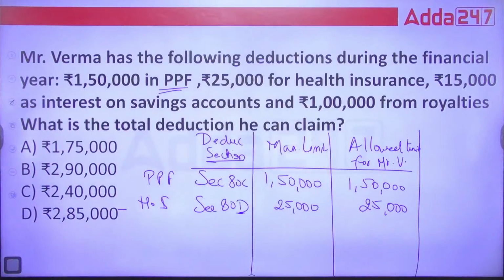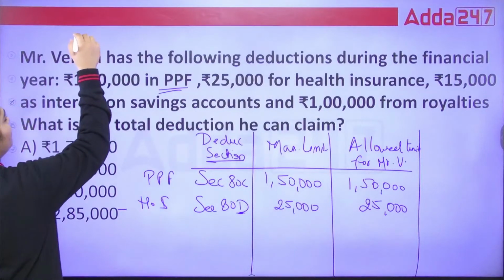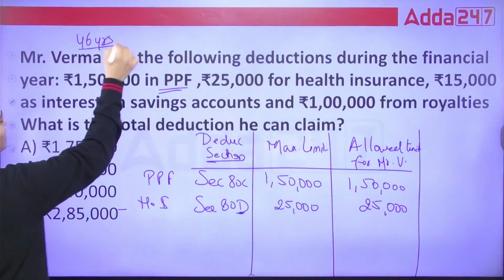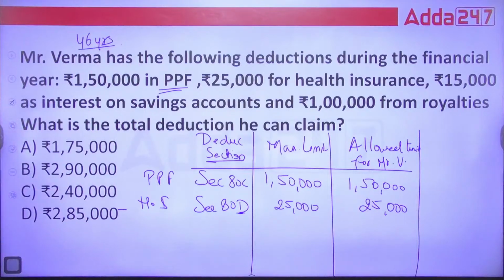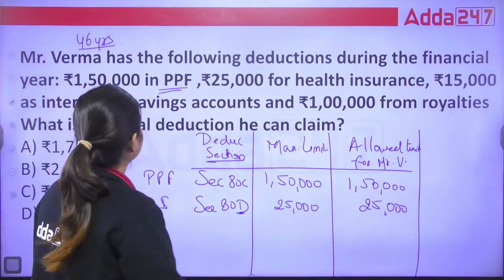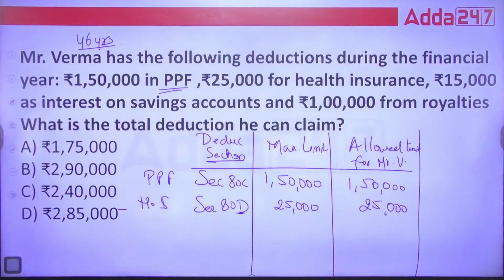Okay. Next, suppose Mr. Verma is around 46 years. Chaliye. Next, 15,000 as interest on saving account. Now tell me, do we get any deduction under interest on saving account?